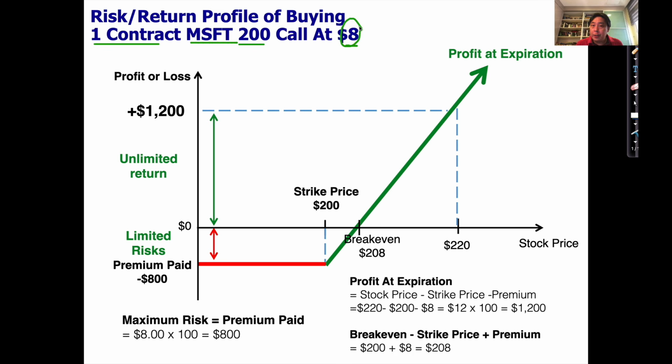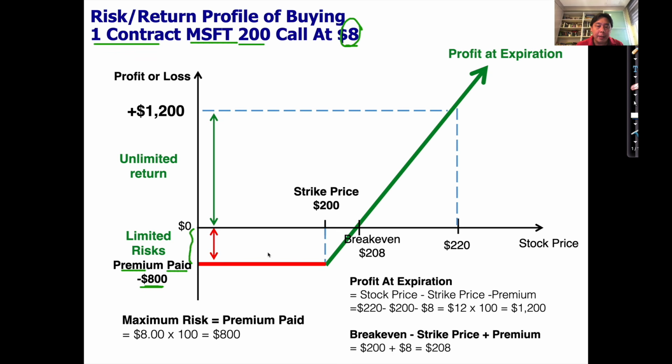At expiration, if the stock price drops or stays the same, you lose $8 times 100 shares, right? One contract is 100 shares, that's $800. So our maximum loss would be the premium that we've paid for the options, which would be $800. So we've got limited risk.